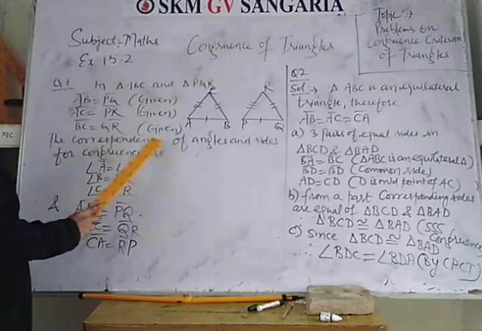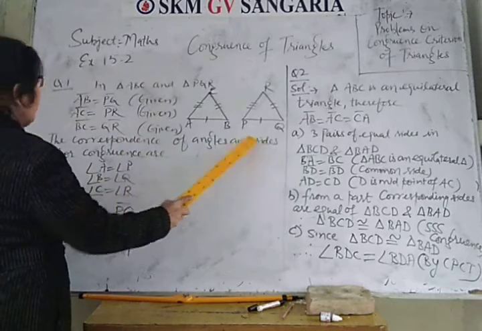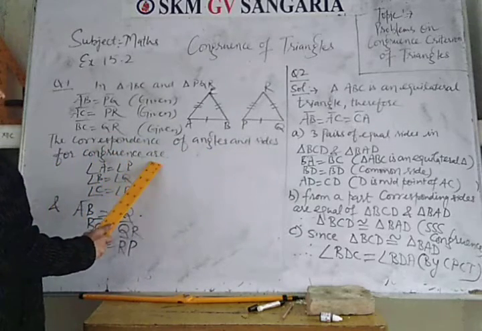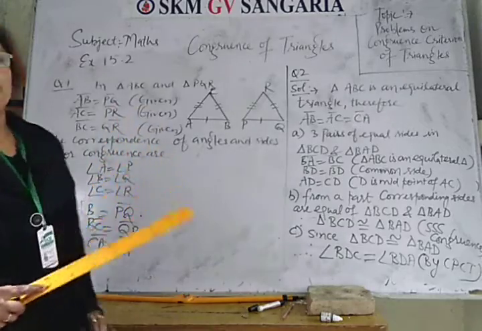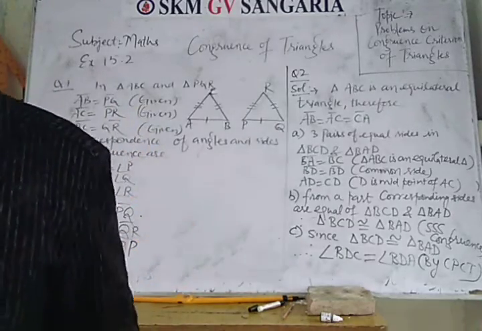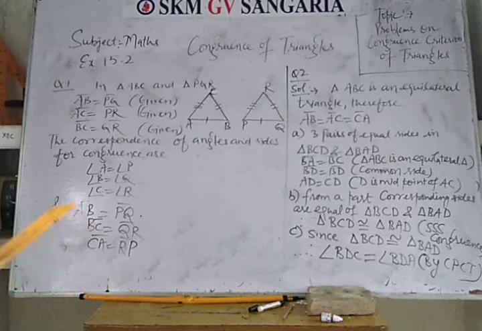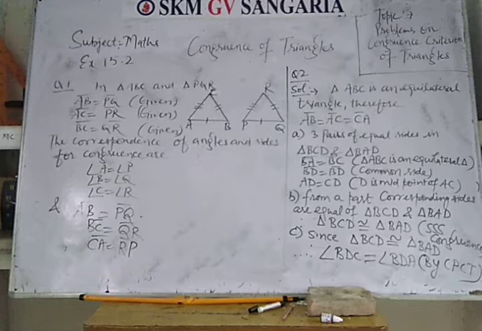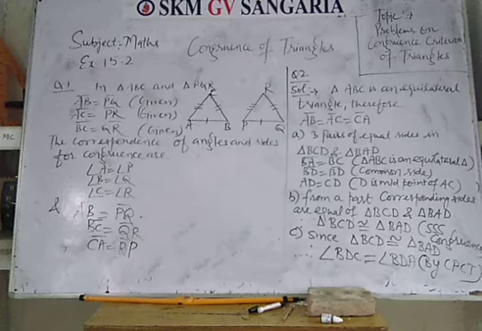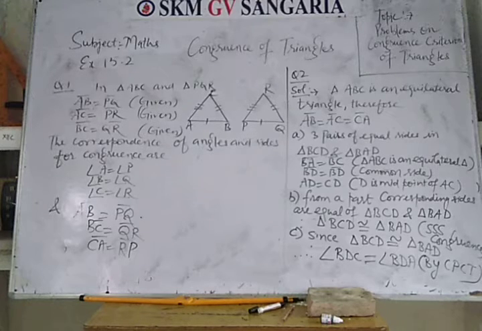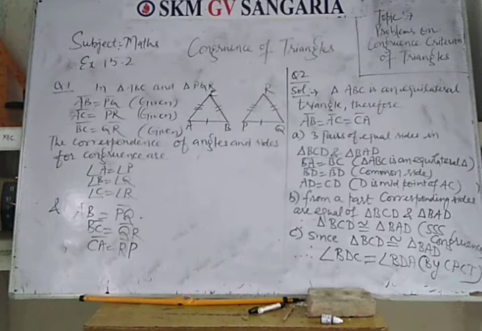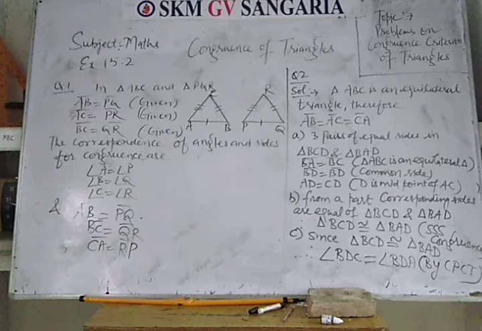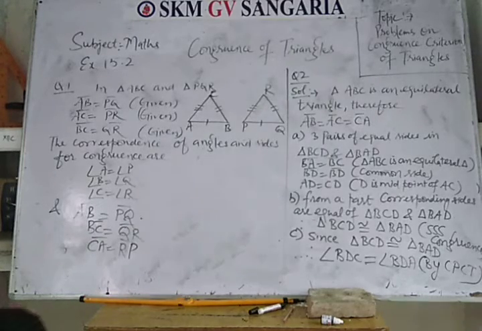So the correspondence of angles and sides for congruence are, we will write the corresponding angles and corresponding sides. In the question it is, what are the correspondence of sides and angles for congruence of triangle ABC and triangle PQR.